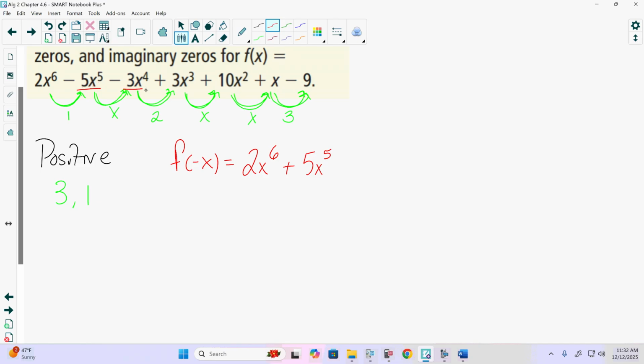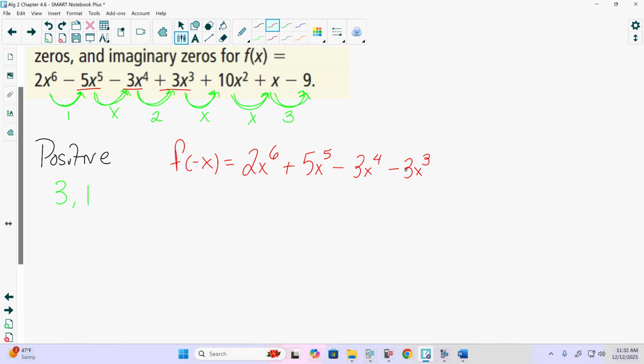Our term after that is 3x to the 4th. Now, since the x is to an even power, a power of 4, the sign stays the same. Since it was negative, it's going to stay negative. Our next term is 3x cubed. Since the exponent is odd, we have to change the sign from positive to negative.